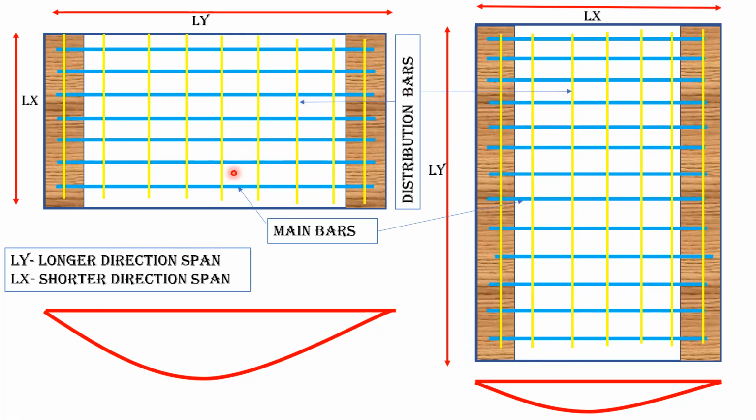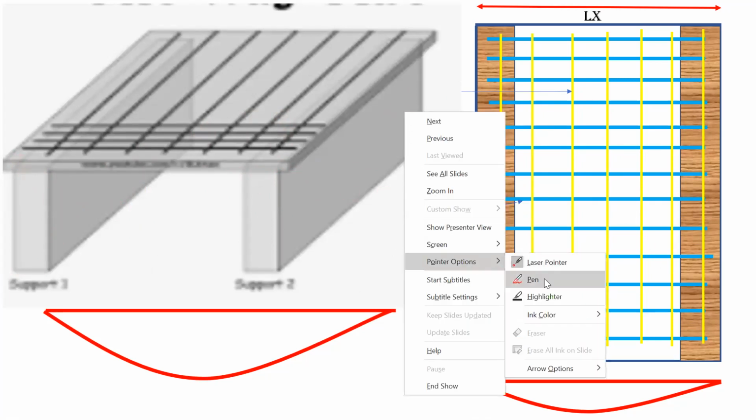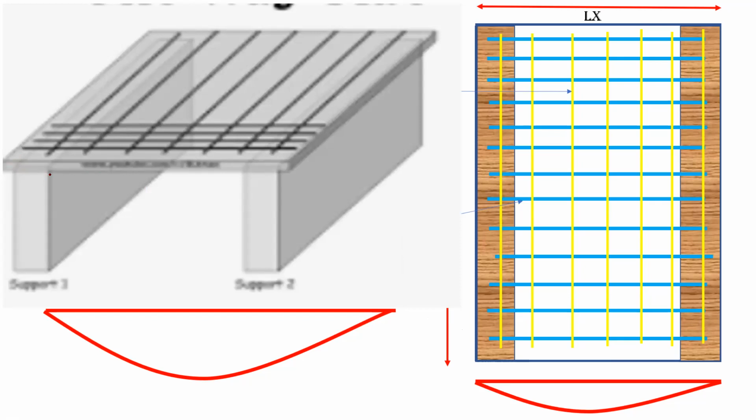We have already seen this through an example, right? So this is how it looks. Let us say this is one support and this is the second support, and on these supports this slab is rested. Now you can easily identify that this slab is going to bend in this direction, whereas in this direction that bending will not happen, since this brickwork is going to support it.